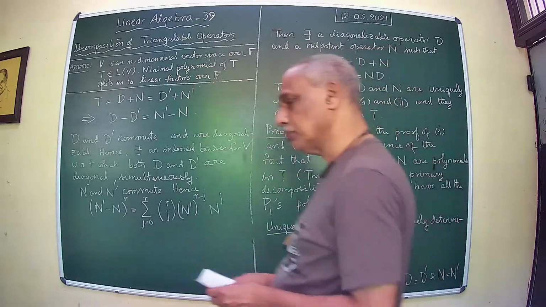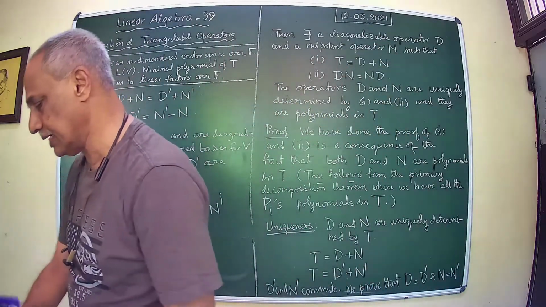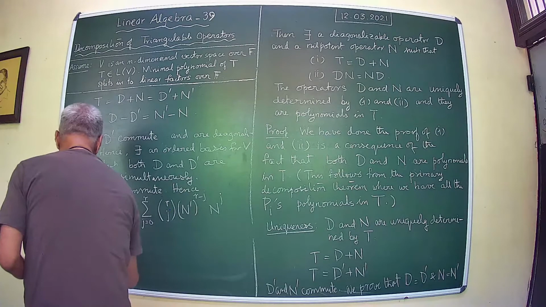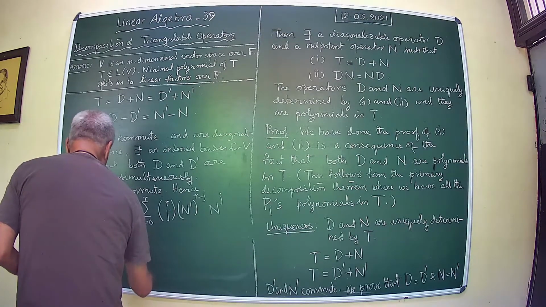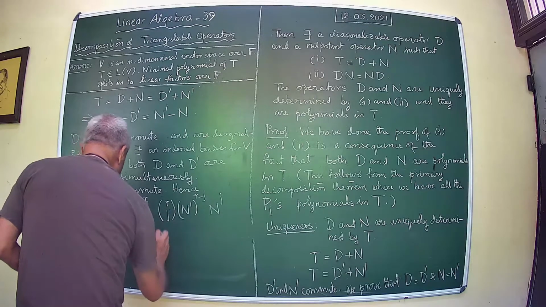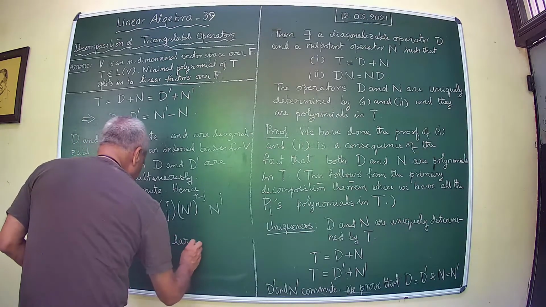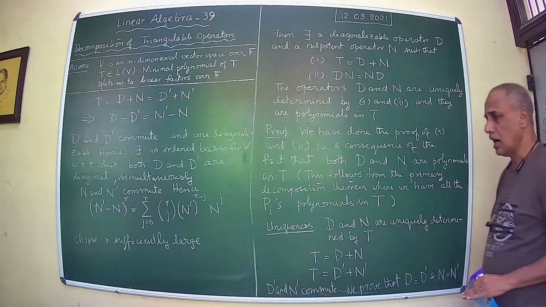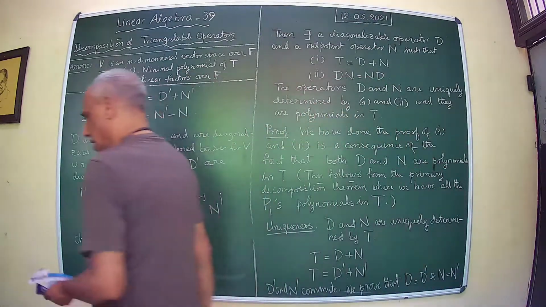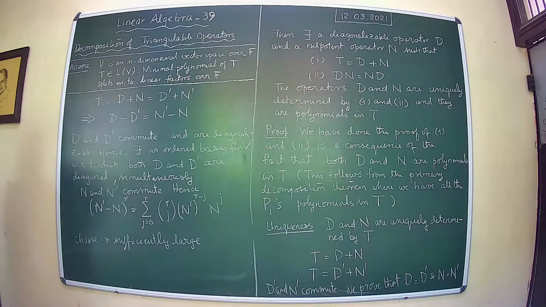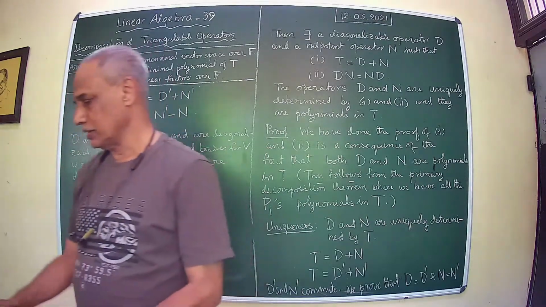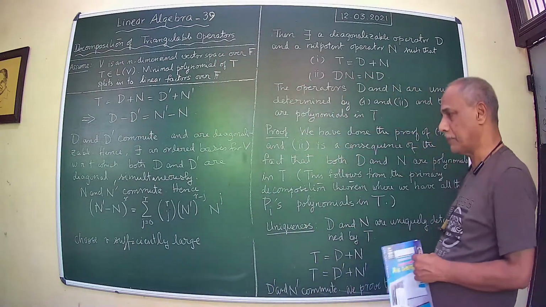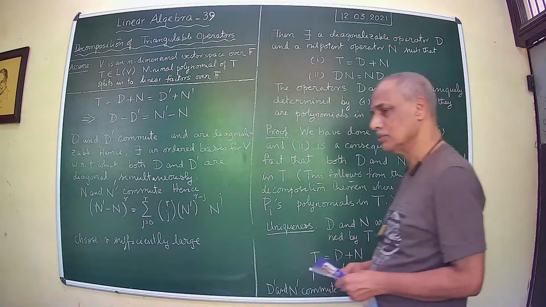Now, what you need to do is choose r sufficiently large. For instance, both N and N prime are nilpotent, so there exist some r1 and r2 for which N to the power r1 equals 0, and N prime to the power r2 equals 0.